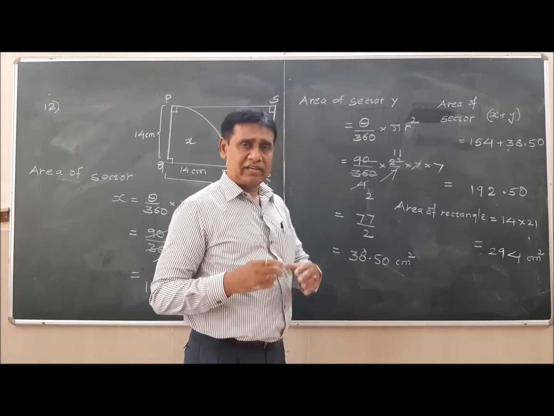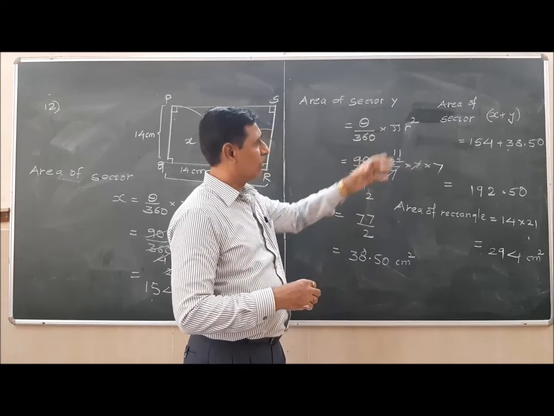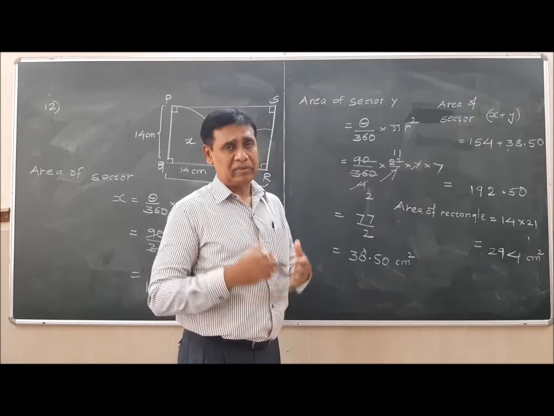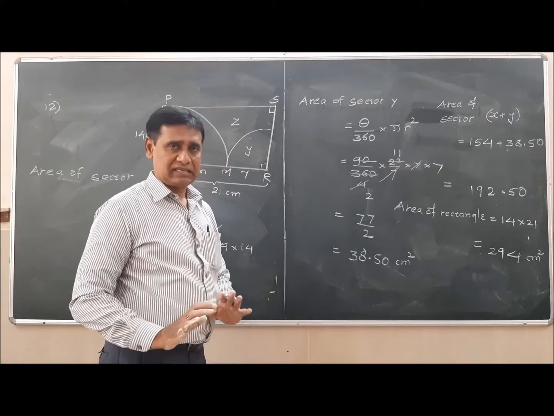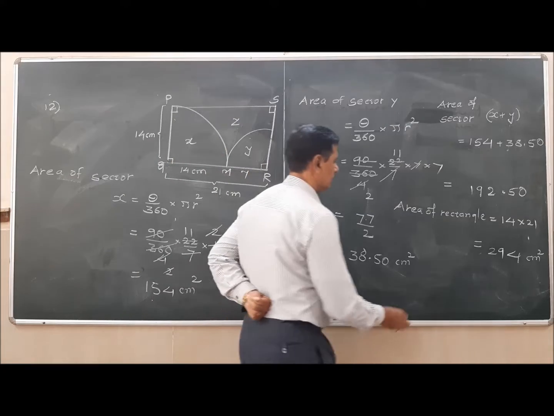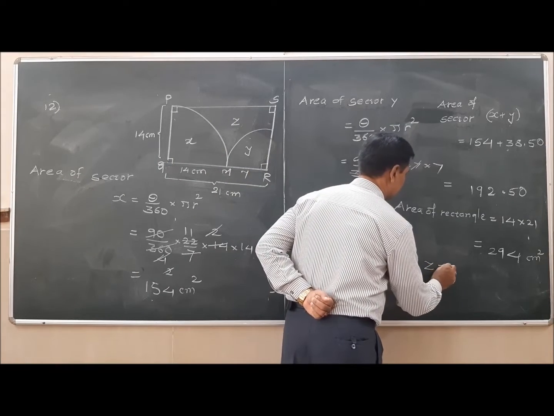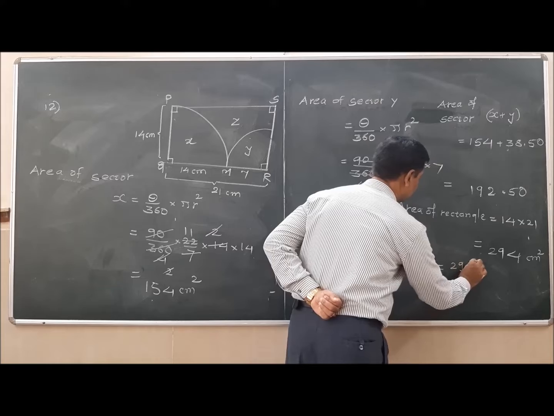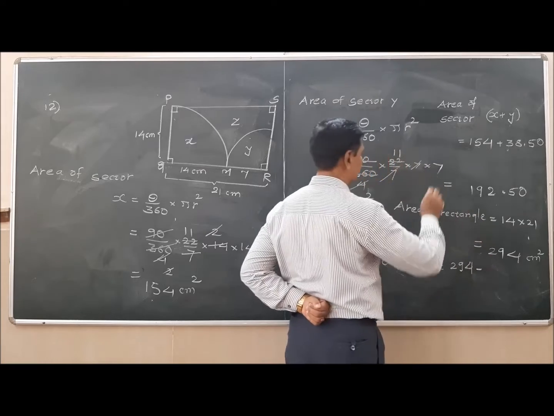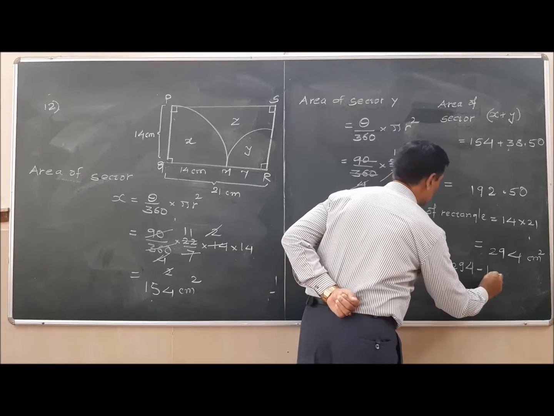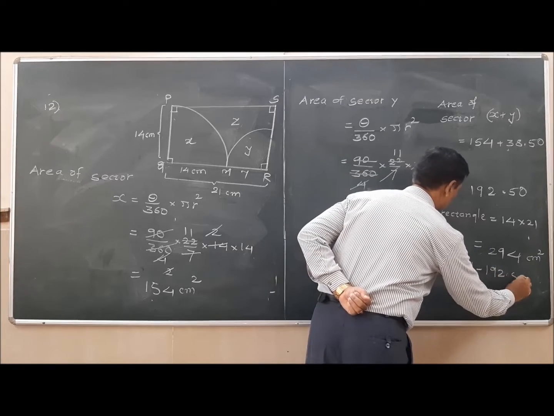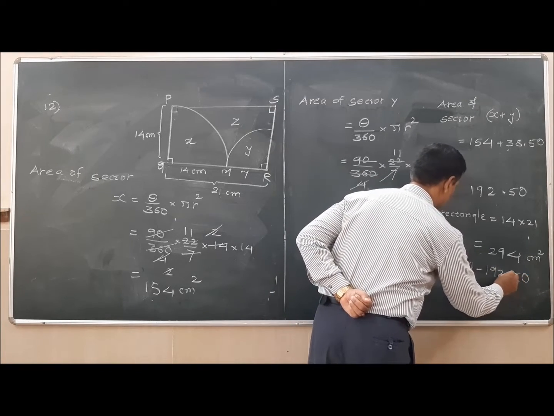Now I know the area of the rectangle. I also know the value of X and Y. Very simple. I explained first only that value of Z is equal to 294 minus 192.50.